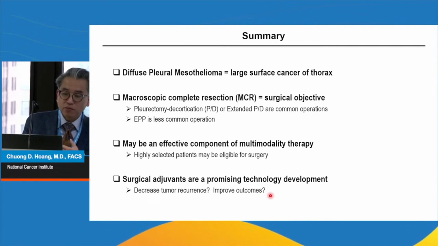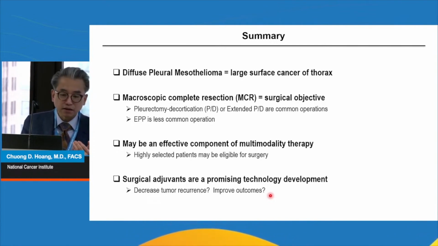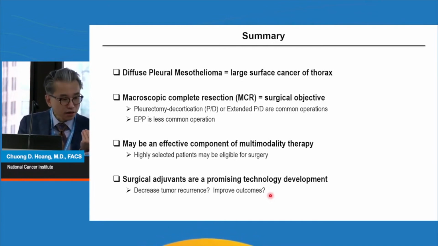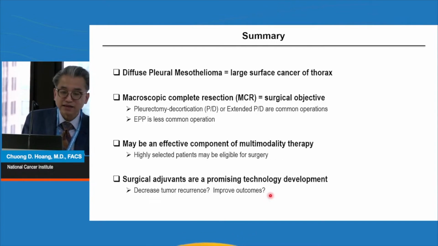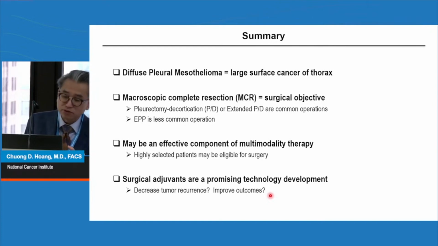And as part of a multi-modality strategy, this may be an effective component of treatment that has a clear benefit for certain highly selected patients. Namely, that's folks with early stage tumors, low volume tumors, young patients with mesothelioma that can undergo the rigors of surgery.